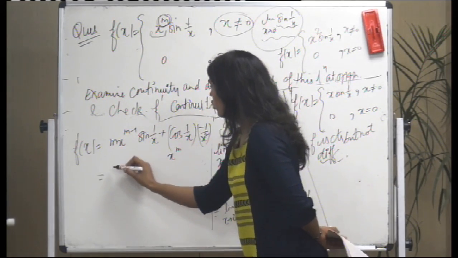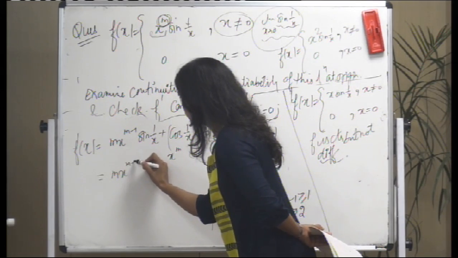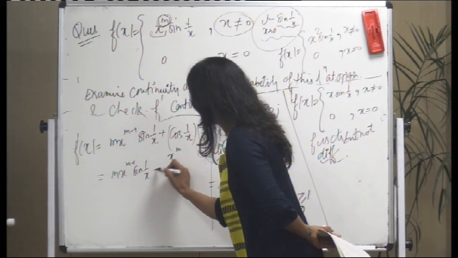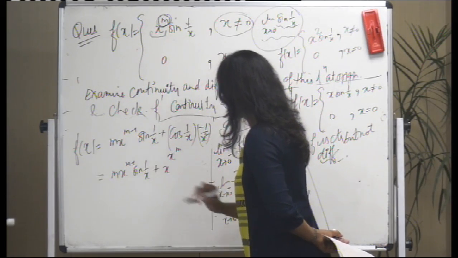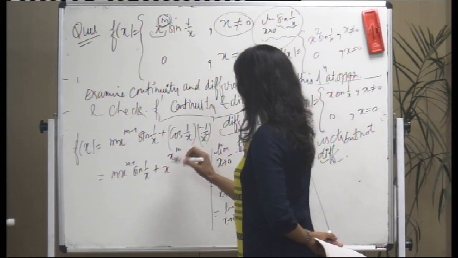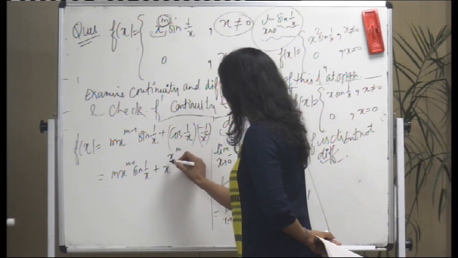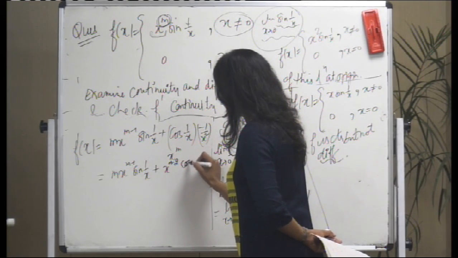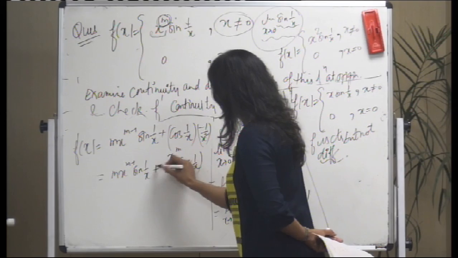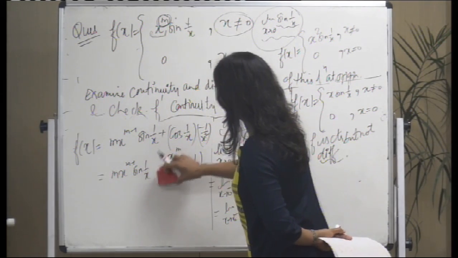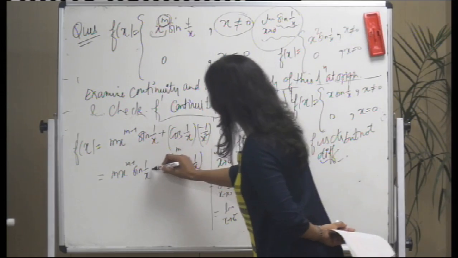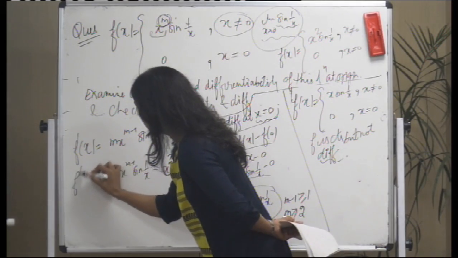Okay. So ultimately x^(m-1) times m sin(1/x) plus, oh sorry, this is actually in multiplication, x^(m-2) cos(1/x) with a minus sign. Now tell me, for the first part, what should the m value be? This is f dash x.